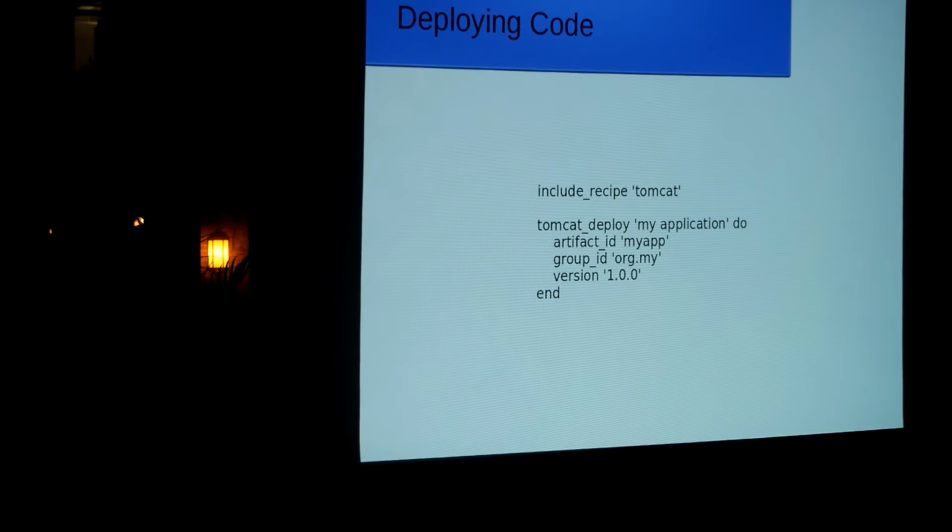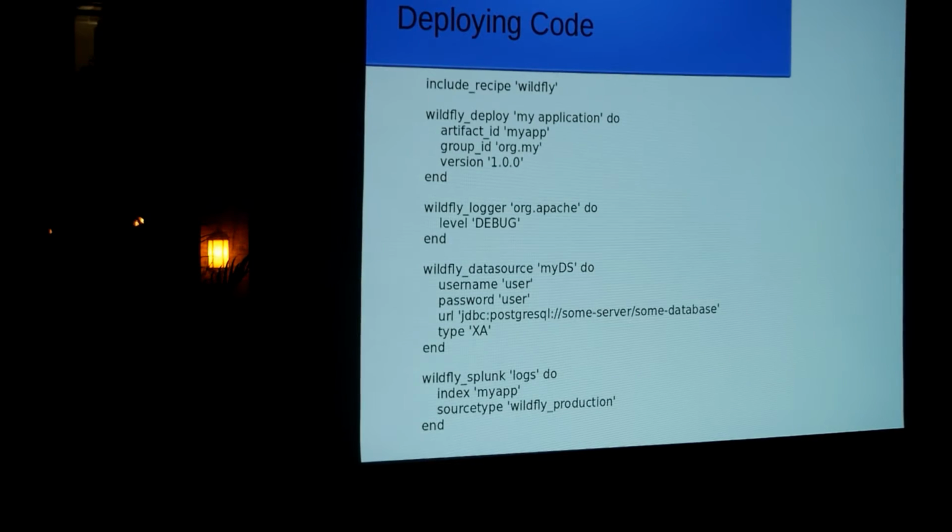But maybe our application got enterprising. Maybe we need to run it under Wildfly now. So how do I reuse this automation to run it under Wildfly? Like that. But maybe we have a more complicated deployment. Maybe we need to not just deploy an application, but we need the org.apache logger set to the debug log level. Maybe we need a managed data source in there as well. Maybe we need to Splunk the logs.